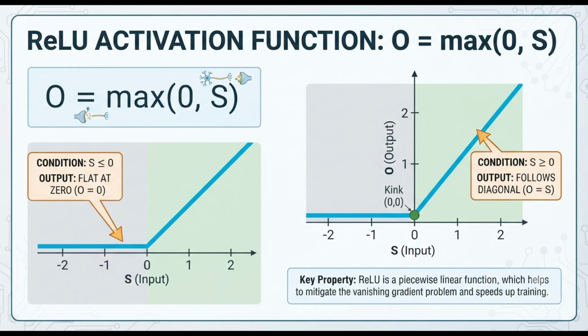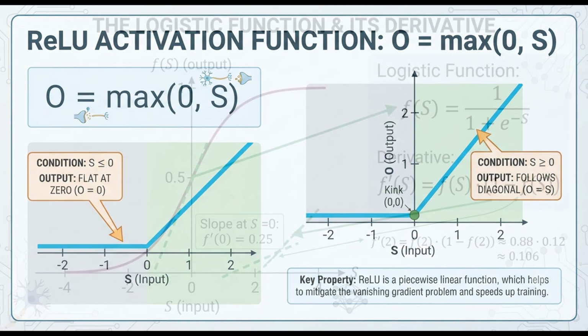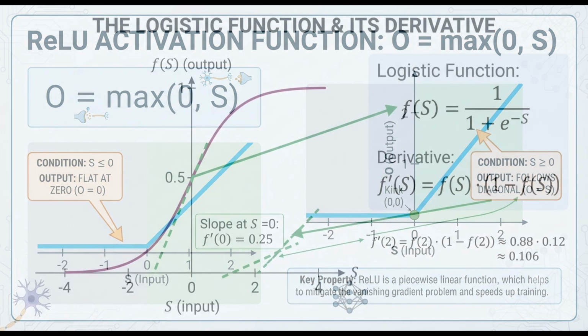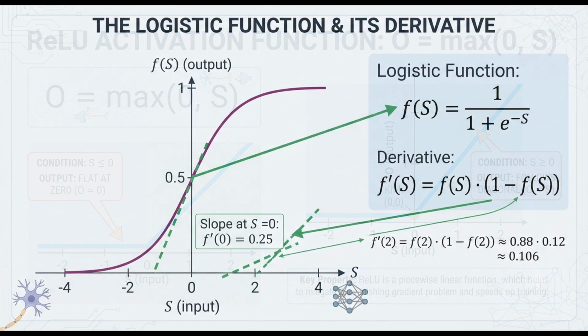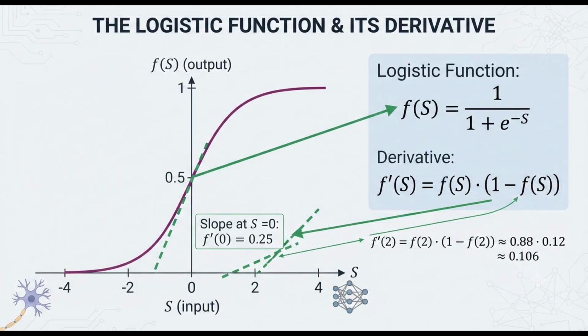It simply outputs 0 when the activation is negative, and the activation itself when it's positive. The big practical advantage: its derivative is either 0 or 1, extremely simple to compute, which significantly speeds up training in modern deep networks. Sigmoid functions like the logistic function or the hyperbolic tangent are smooth, continuous versions of the hard threshold function.